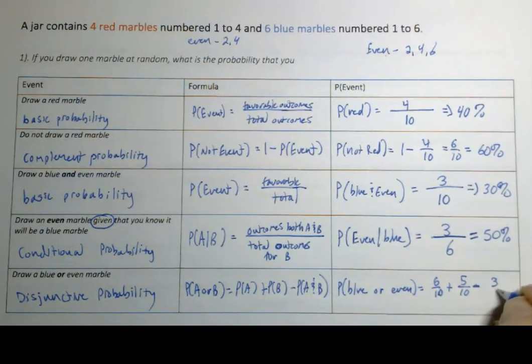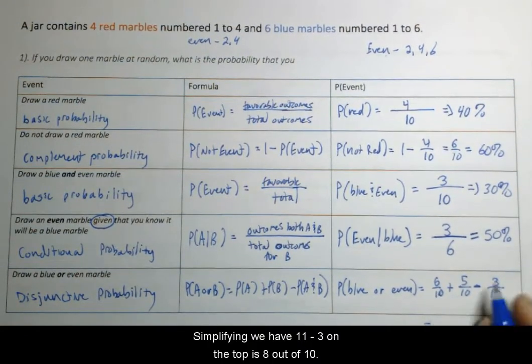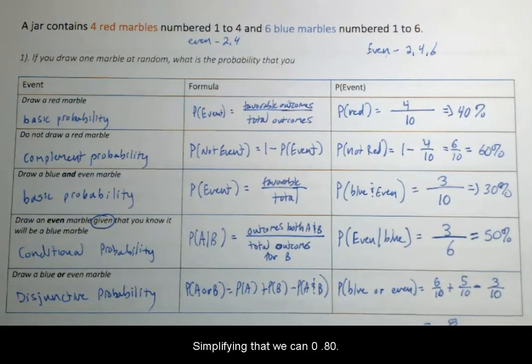Well, there were 3 blue even marbles out of 10. So simplifying, we have 11 minus 3 on the top is 8 out of 10. Simplifying that, we'd get 0.80, which multiplying by 100% is 80%.